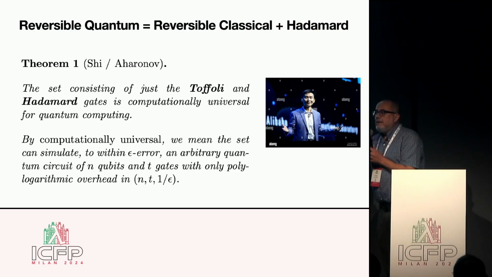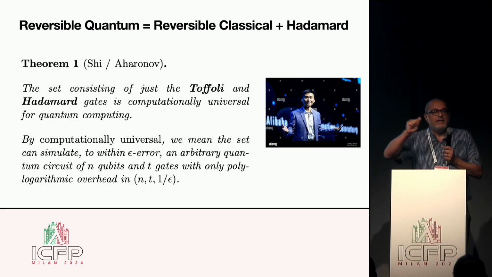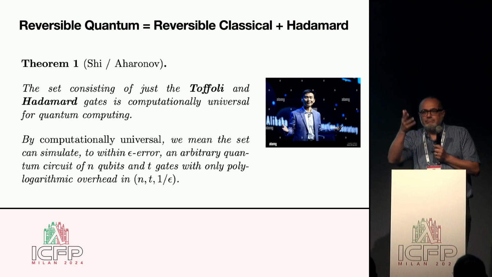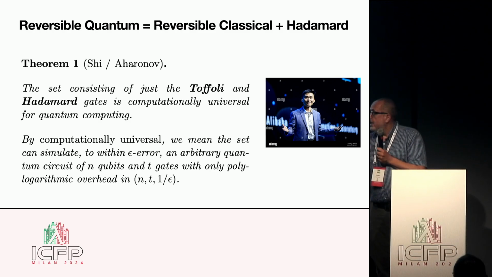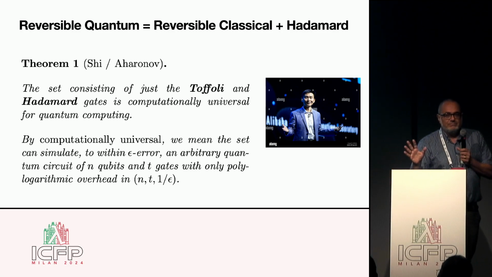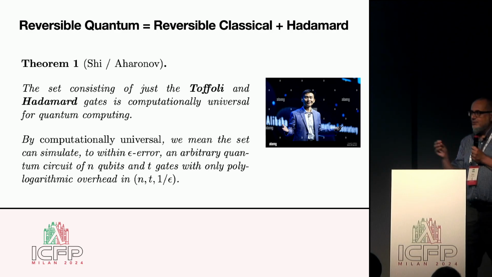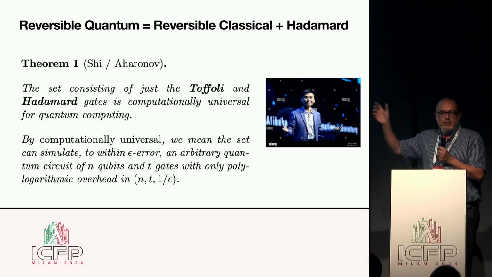The reason this is special is because there's a result that says that quantum computing is nothing but a Toffoli gate and a Hadamard gate. What is Toffoli? Toffoli is just Boolean conditionals, and Hadamard is what we have seen. So this is a well-established result, and it tells you that, in some sense, the only thing you need to do quantum computing beyond classical computing is to have this kind of rotation operation.